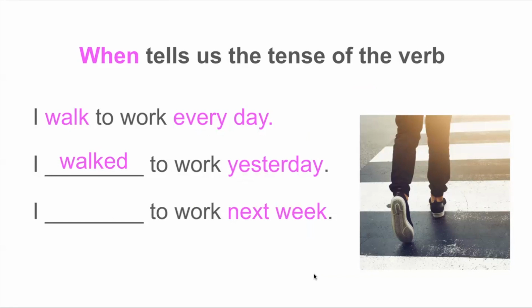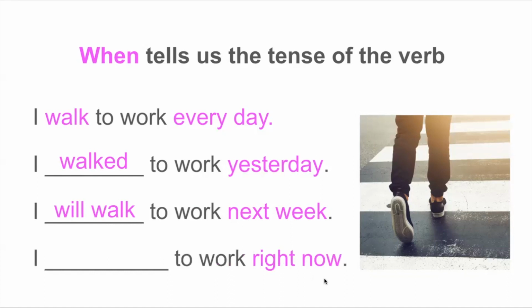And if the when is next week, now I know I'm talking about the future. So it's I will walk to work. And if I say right now, something that's happening in this moment, that means I need the present progressive tense. I am walking to work right now.